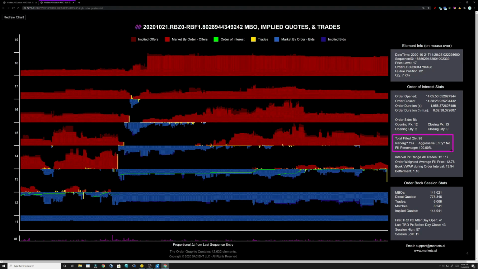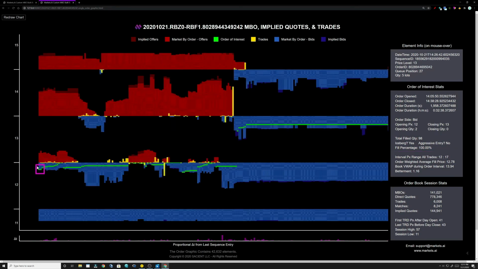This order comes in with an opening quantity of 2. And you can see the 2 lots sort of fits in with the best bid offer quantities. And so it's comfortable there, meaning it's not exaggerated like some big quantity.